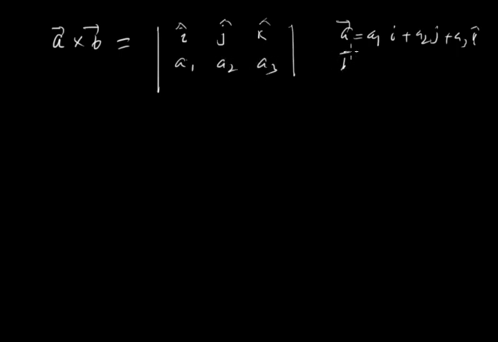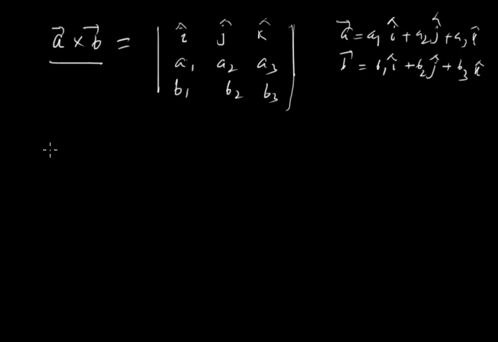And if we consider vector B as B1 i cap, B2 j cap, B3 k cap, the third row will be completed with B1, B2, B3. So the value of the determinant gives the value of A cross B.